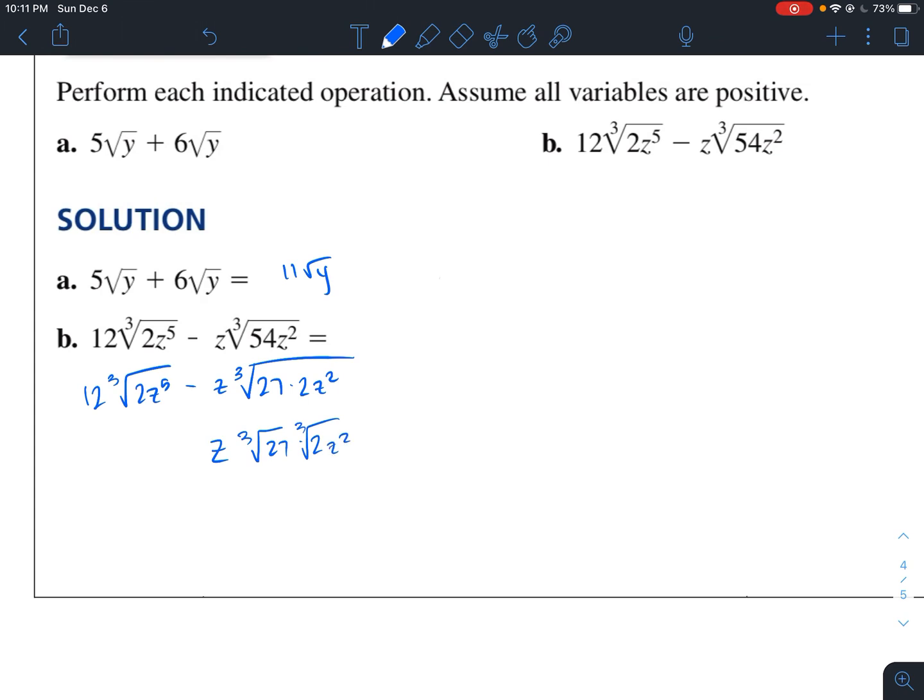And the third root of 27, like we discussed, was 3. So I have 12 third root of 2z to the 5th minus z times 3 times the third root of 2z squared.